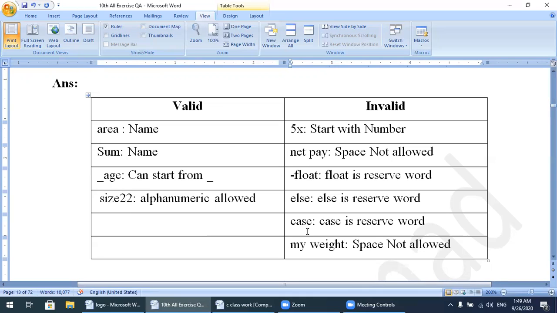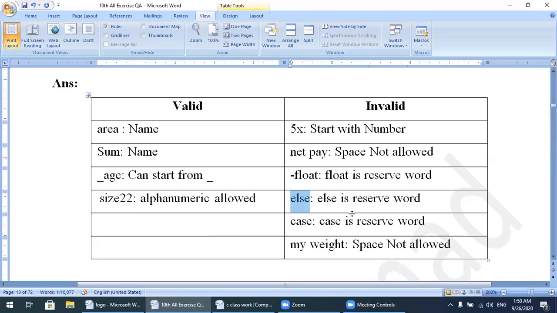Next one, else. Else is also a reserved word. The definition of a reserved word is: those words which have a predefined meaning in the compiler or interpreter of any language, not only the C language. Those words which have a predefined meaning in any language are known as reserved words. In most programs we will use the word else.